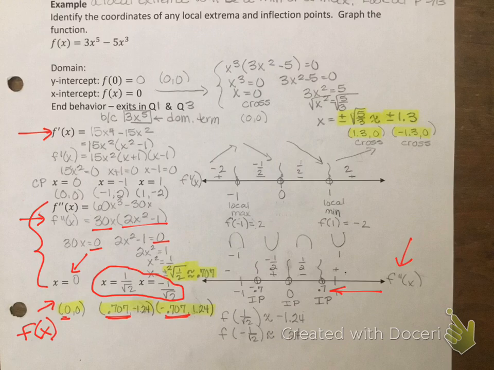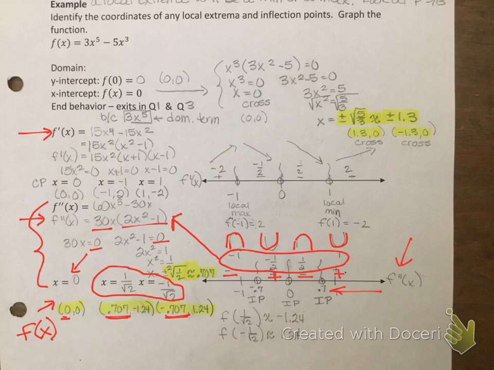I am picking test values within those and plugging those back into the factored form of my second derivative. I'm getting out a negative, a positive, a negative, and a positive. So I know that I am concave down, up, down, and up based on those positives and negatives.